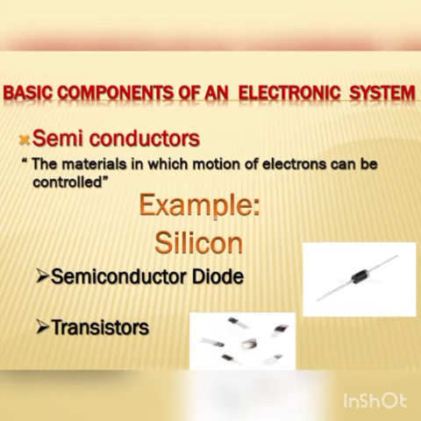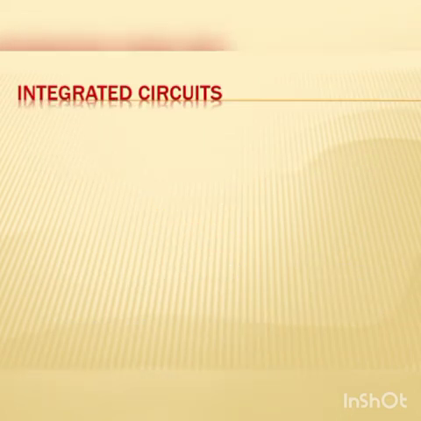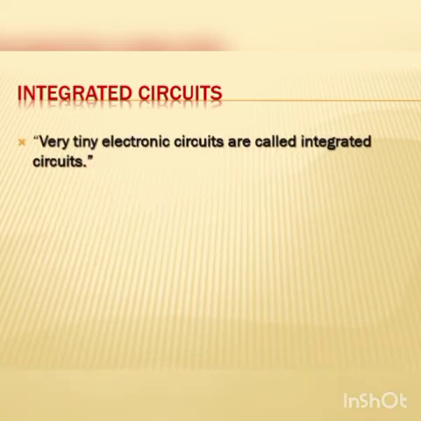The second one is the transistor. Transistors are semiconductor devices with three terminals, and they are used as a switch. And here is the diagram of a transistor. Now the second major component is integrated circuits. What are these? Very tiny electronic circuits are called integrated circuits.